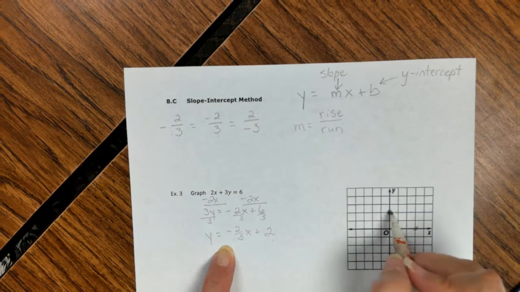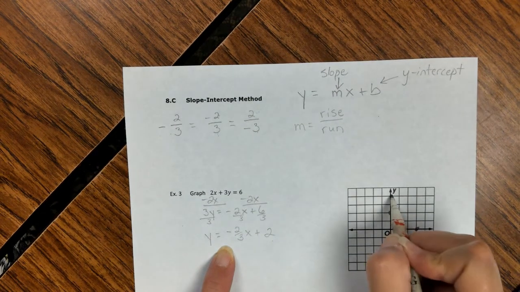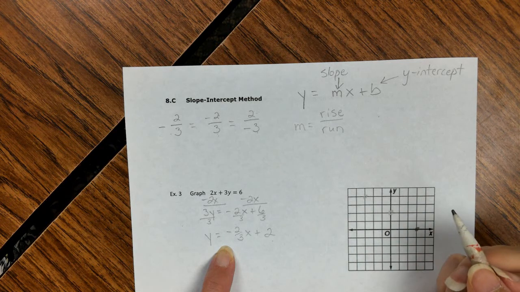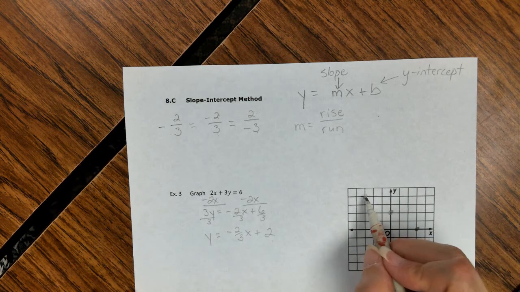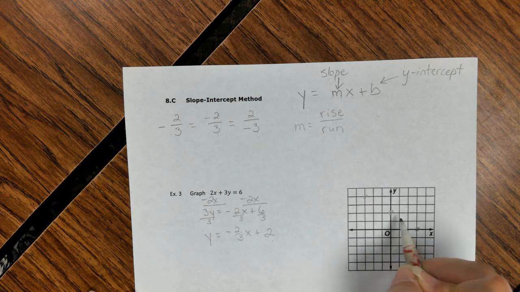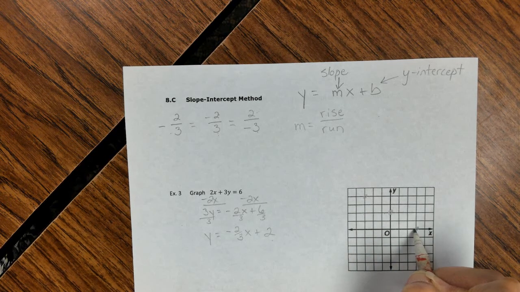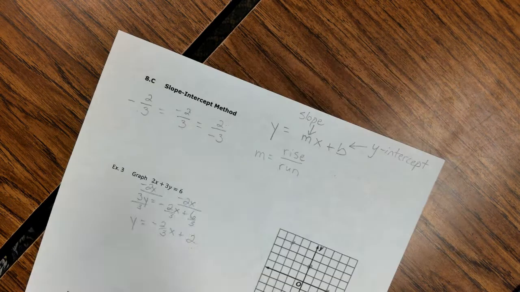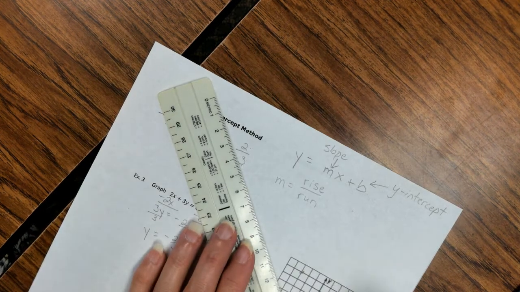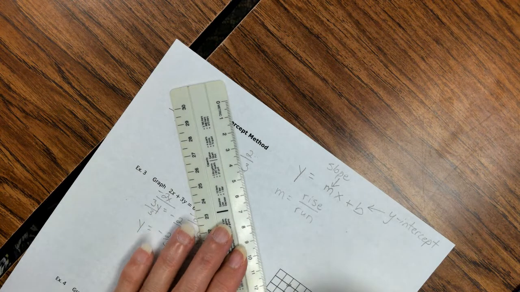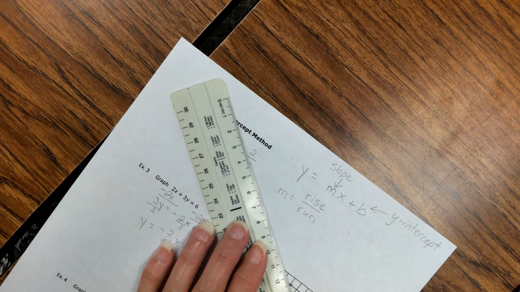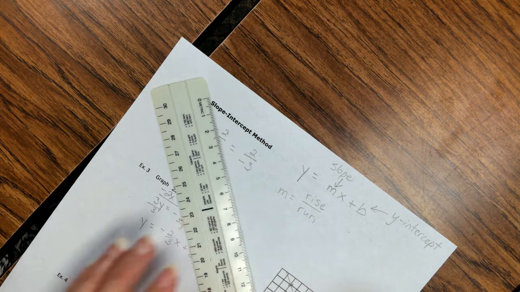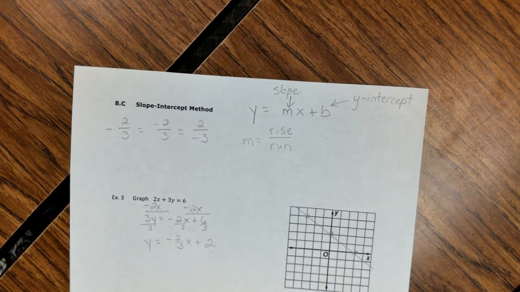So I could also, from this point, go up 2, left 3. And then from this point I can go down 2, right 3, down 2, right 3, and I keep coming to other points. They make a straight line. I can connect them with my ruler, and that's that. This is actually, when you're used to it, a lot faster than needing to make a table.